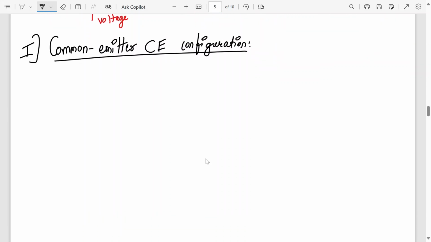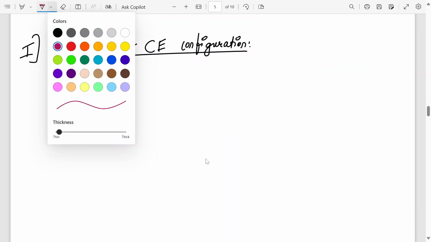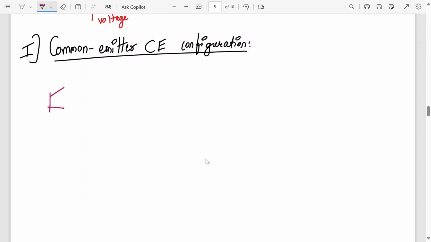Conceptually, this is the situation I have. This is my collector, emitter, and base. This is my input. This is my output.